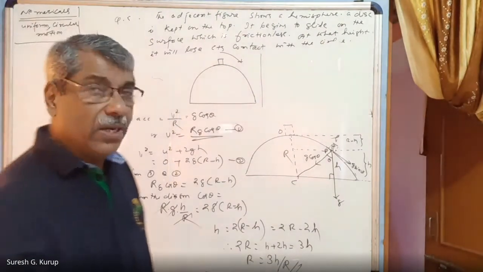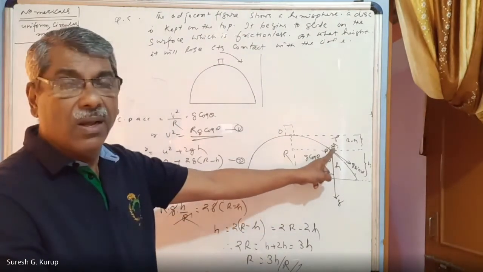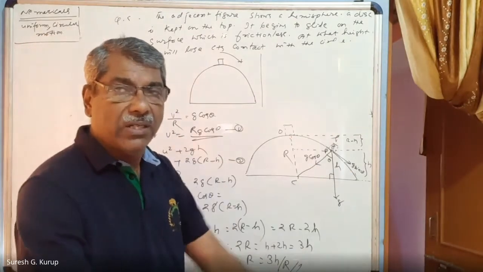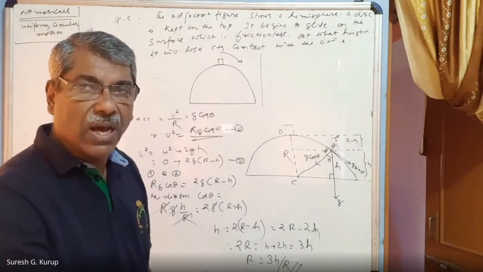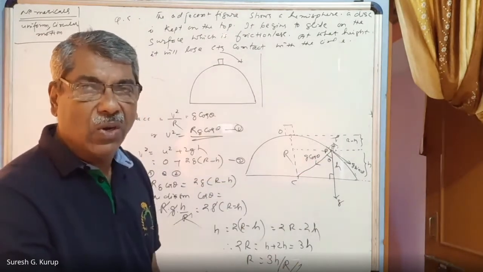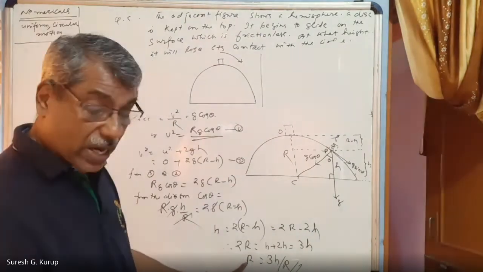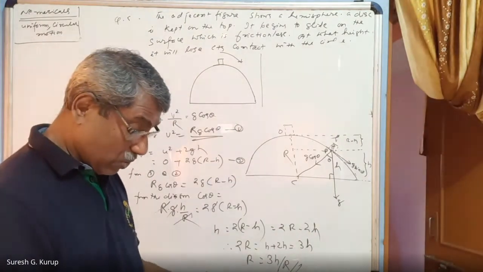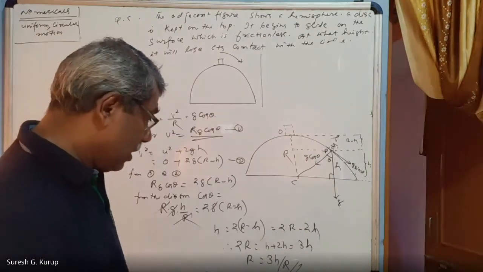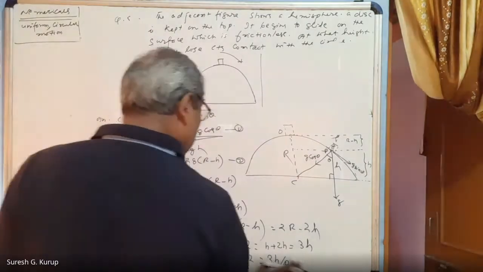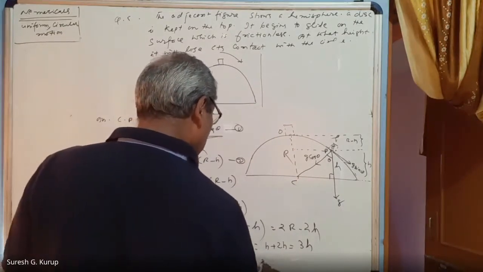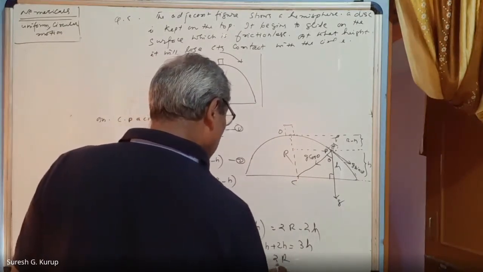What is h? h is the position of the body at which the body starts detaching from the surface. At that time, the height of the body from the ground is what is called h. So we have proved, h is equal to 2 into r divided by 3.